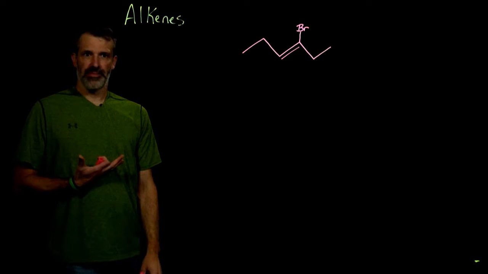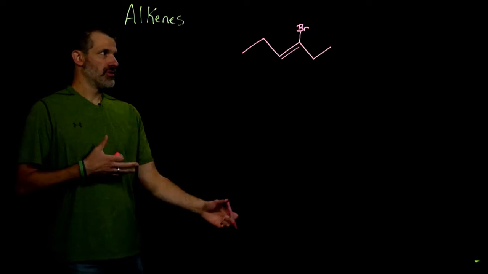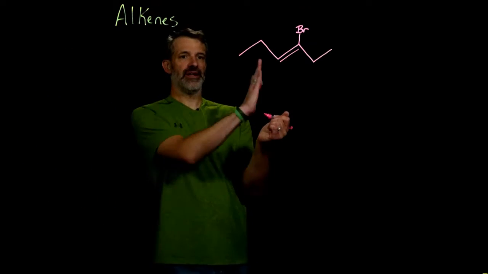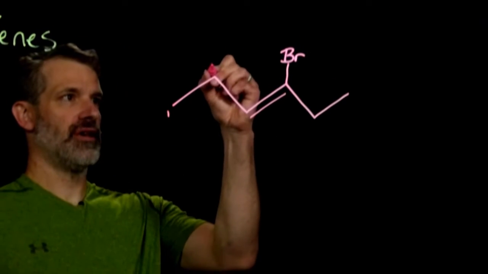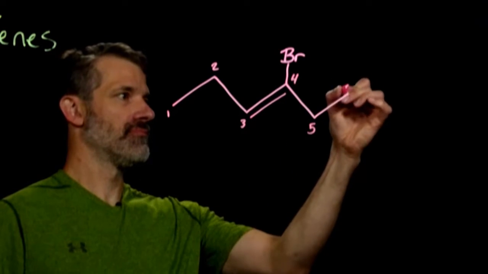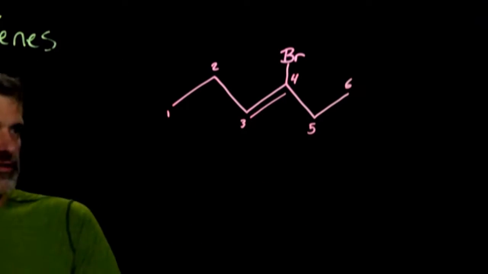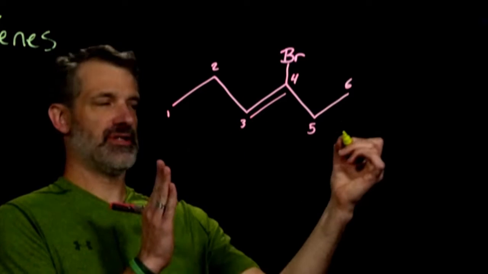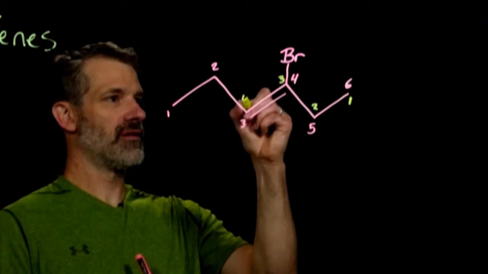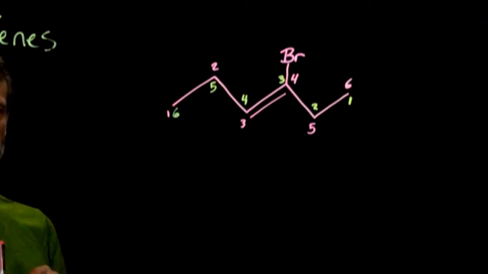Okay, here's another example of an alkene in which there's another naming rule to consider. If I number this alkene in either direction, whether it's from right to left or left to right, it goes 1 to 6.